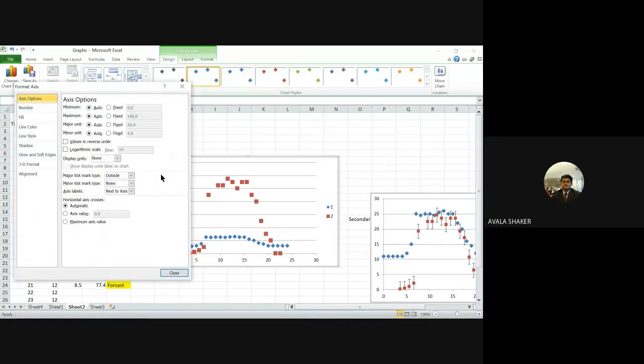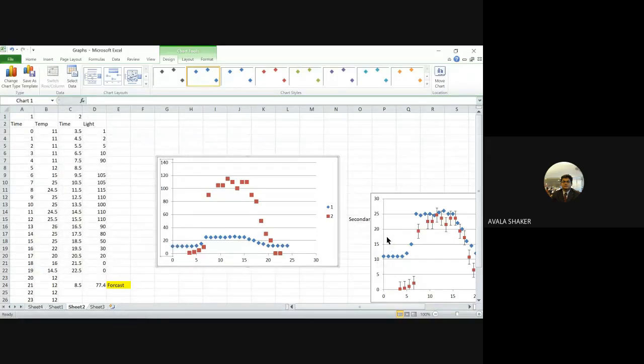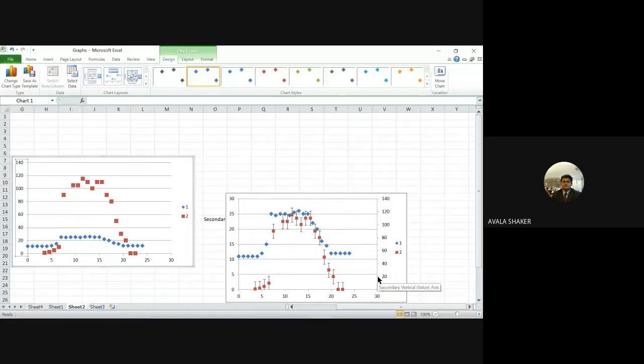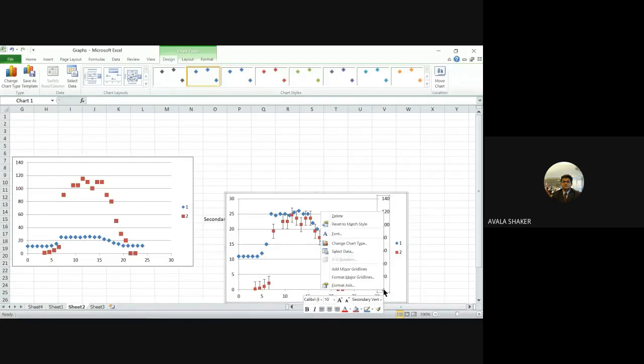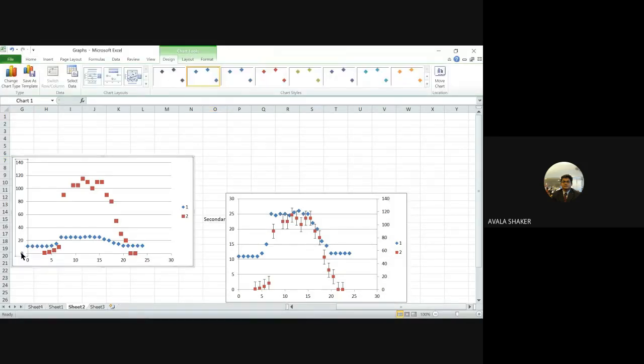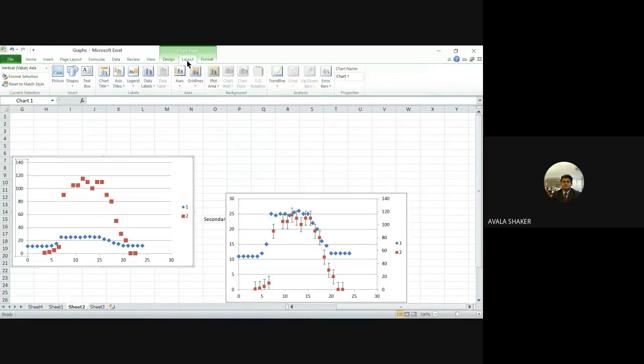Format axis options. Layouts. Yeah, it's in the layouts. Sorry, it's in the layouts, not in the design.